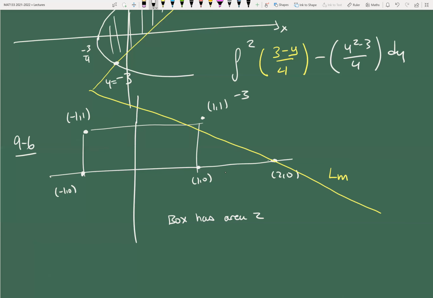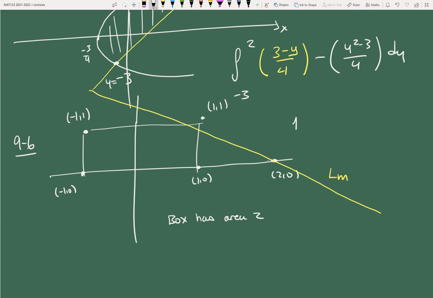Okay, so what we're looking for is the slope of this, or the equation of this line, such that it splits the box into 2 equal areas. So if the box has area 2, we're trying to split it so that it has area 1, right? Now we can figure out what the equation of this line is, because again, point slope formula, right?